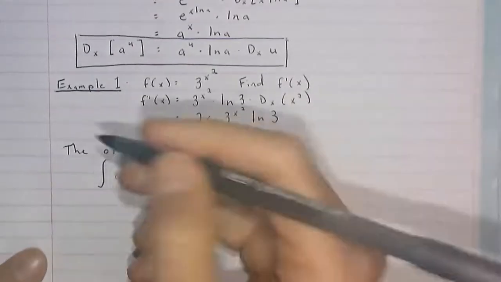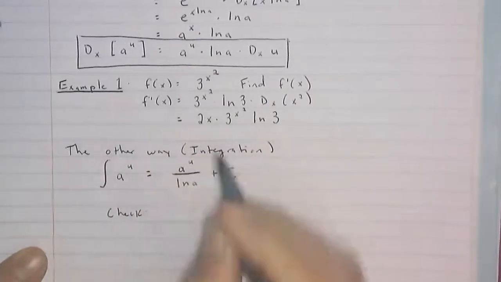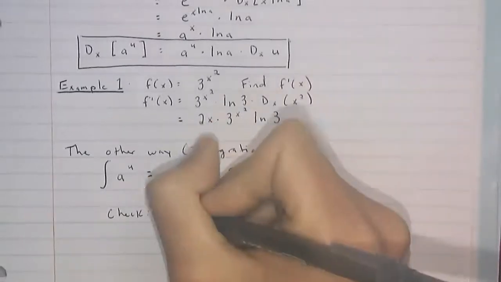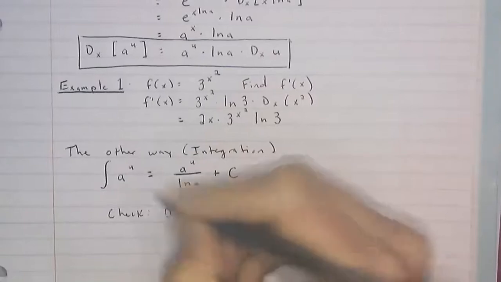Let's check. How do we check? We'll differentiate this and make sure that we get a to the u.